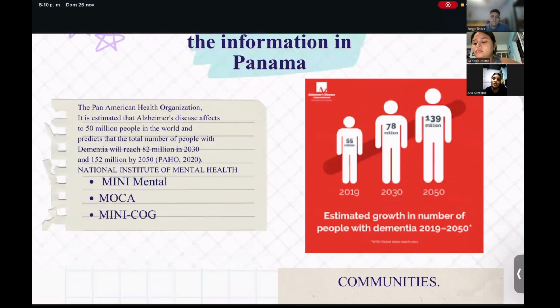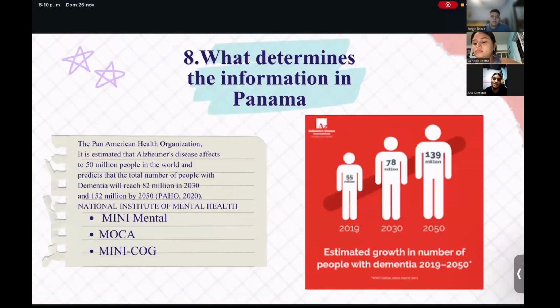In many countries, including Panama, efforts are made to increase awareness about Alzheimer's and other similar diseases. They may include information campaigns, educational programs, and community events to raise awareness of the symptoms, diagnosis, and management of the condition.